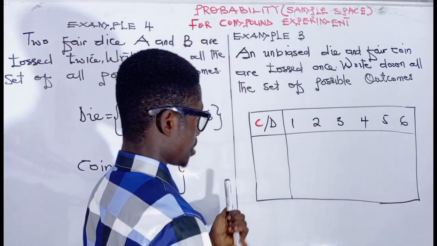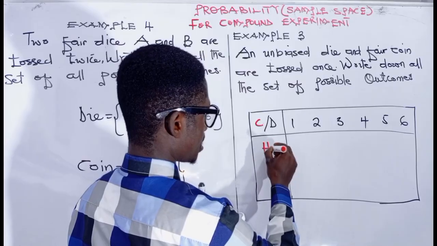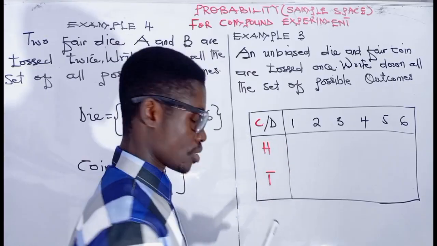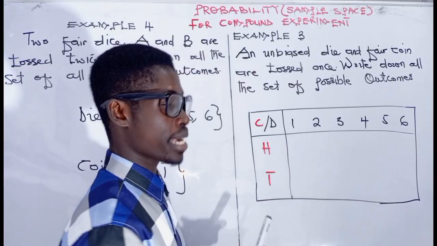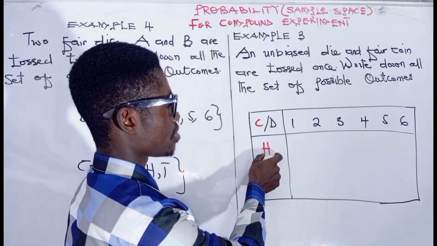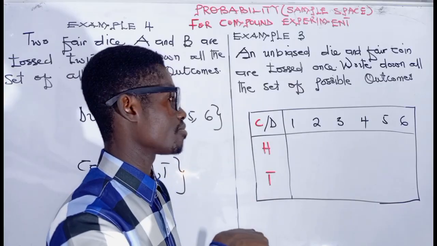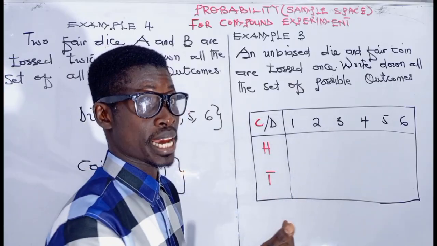And then the coin, we have a head, and once you are done with this, you just pair the outcome from the toss of the coin with the outcome from the toss of the die. You pair them.